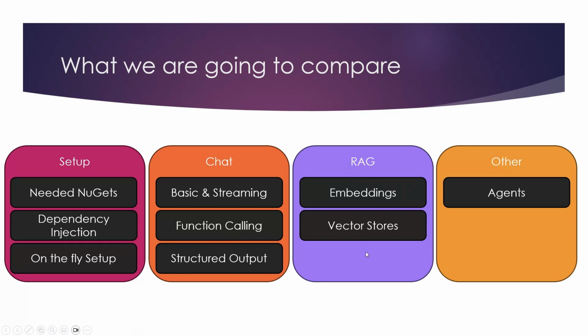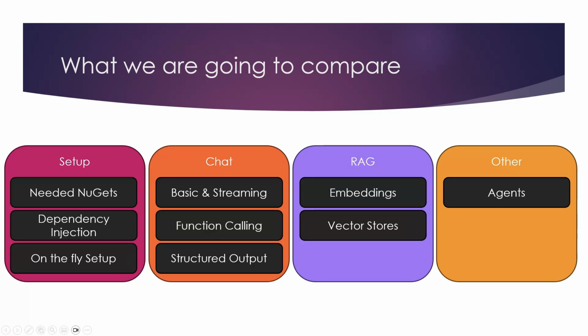Then we have RAG, meaning embeddings and vector stores. And then another part, which is more or less agents, integrating into AI Foundry and storing threads on various agents and so on.